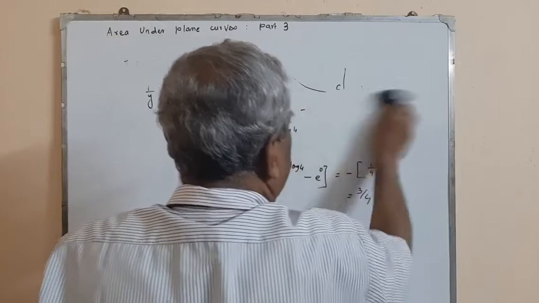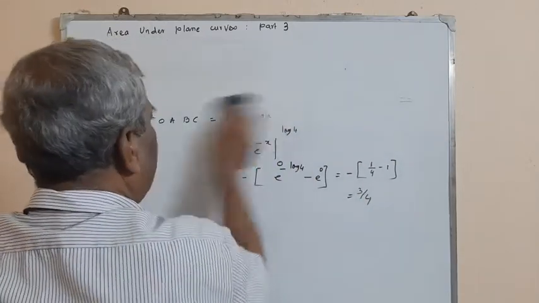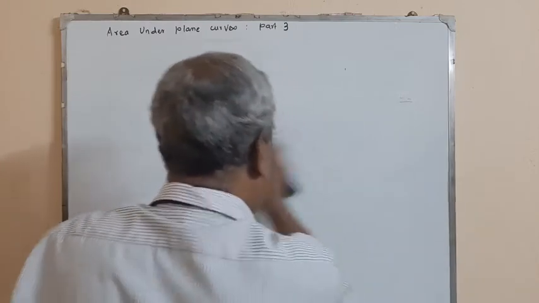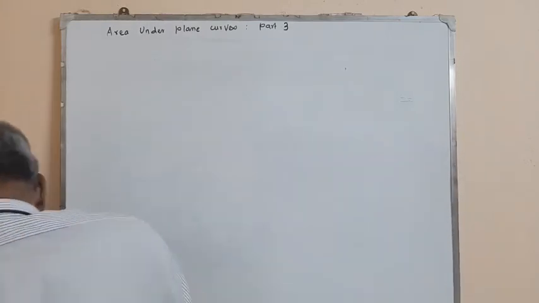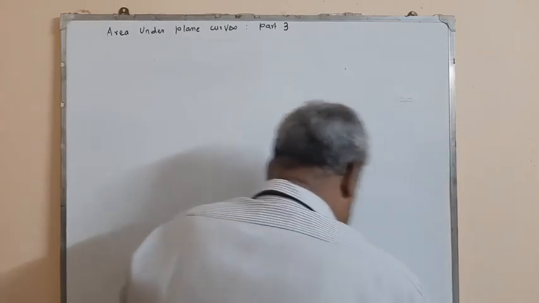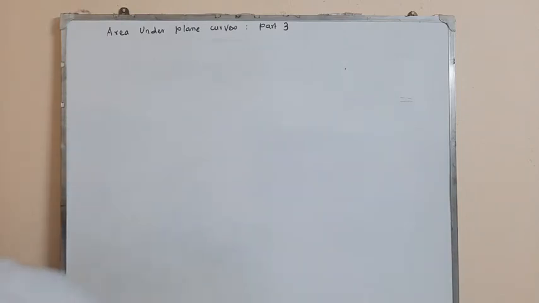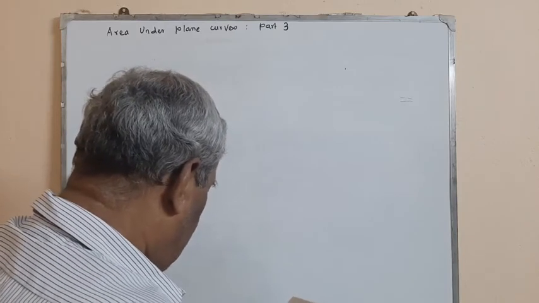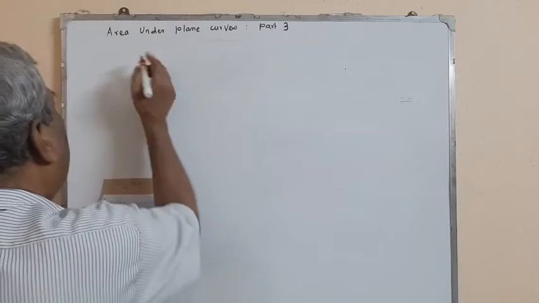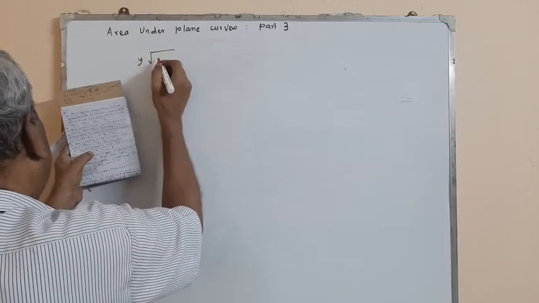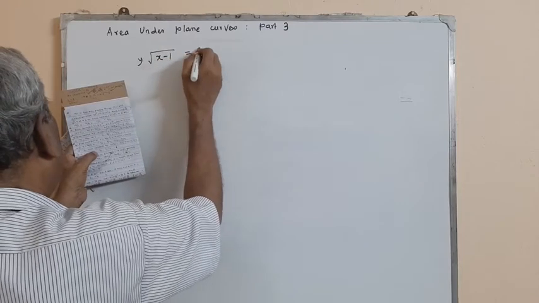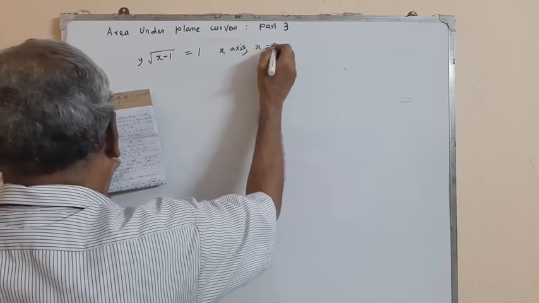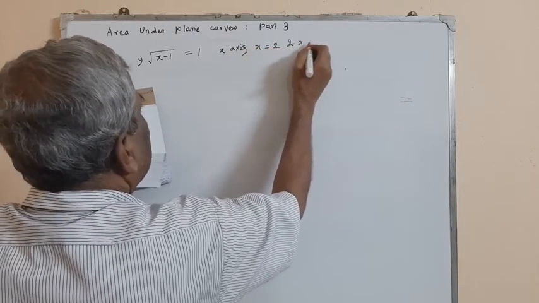Now let us take the next problem. Next problem is the area bounded by y into root over of x minus 1 is equal to 1, x-axis, x is equal to 2 and x is equal to 10.